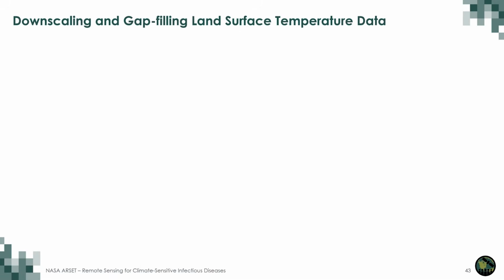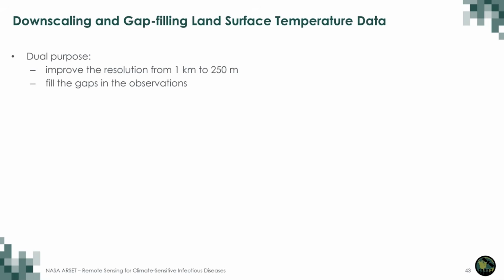So what we did is we implemented a fairly simple method. Very many methods exist. We took a very simple method, which serves a dual purpose. We're improving the resolution of the land surface temperature data from 1 kilometer to 250 meter, and at the same time filling the gaps in observations.